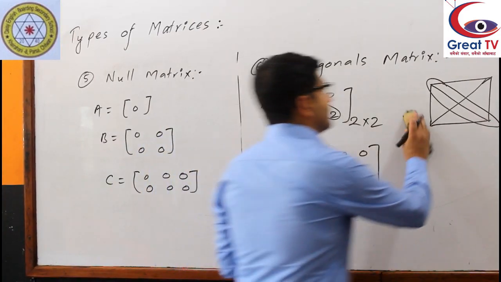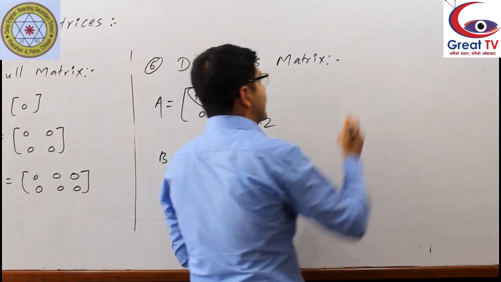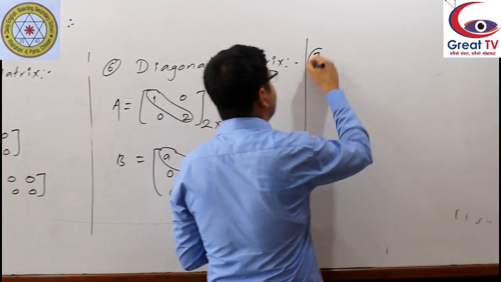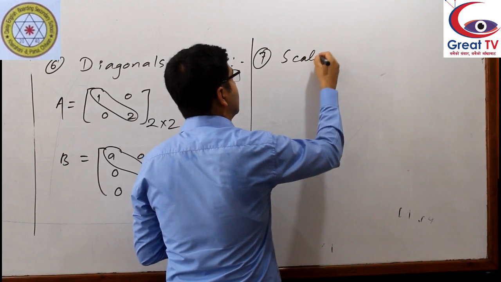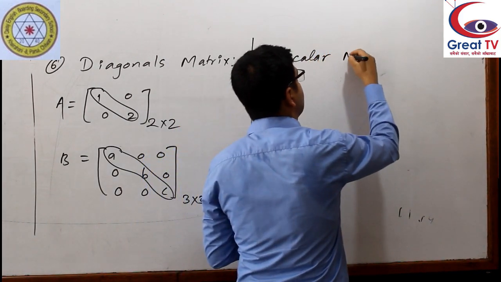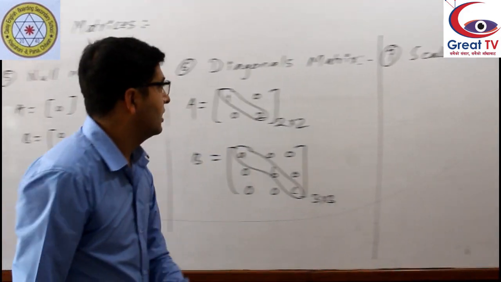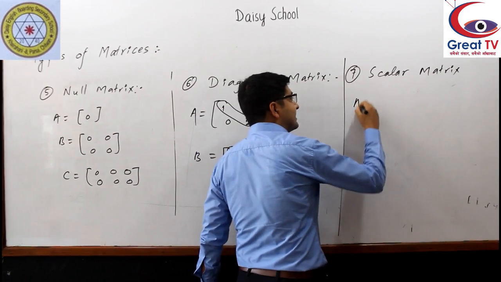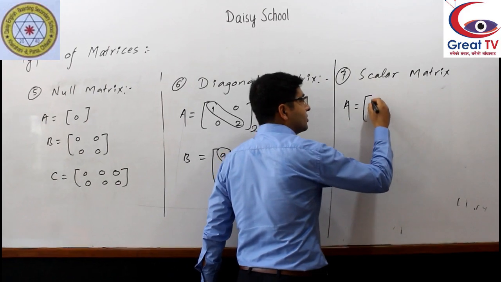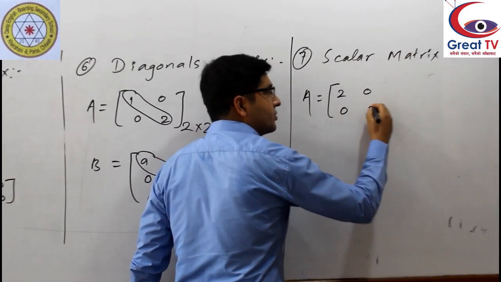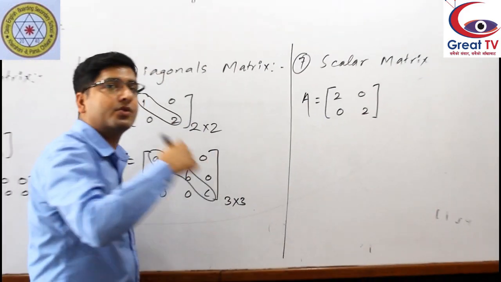Now next one, square matrix 7, scalar matrix. Okay, matrix A equals 2 0 0 2.